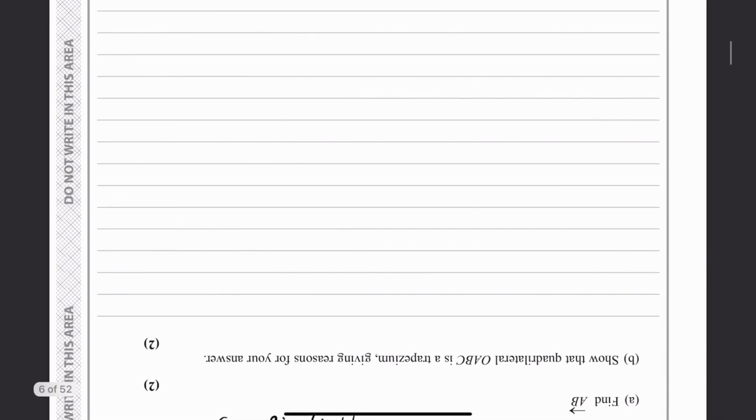This is question 3A. So we have OA, and we also have OB, and we want to find AB. So how are we going to do that? Well, we can probably just swap this because we know OA is just going to be negative AO.